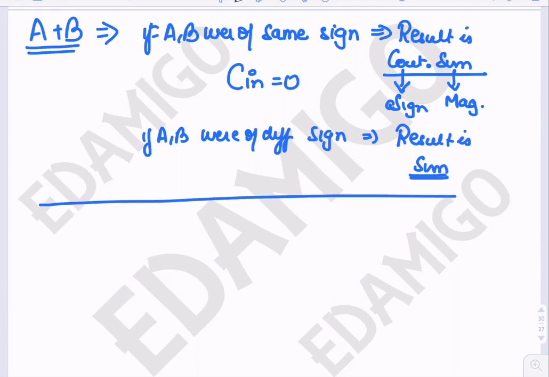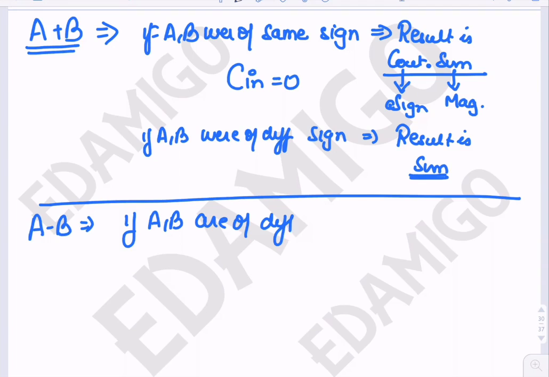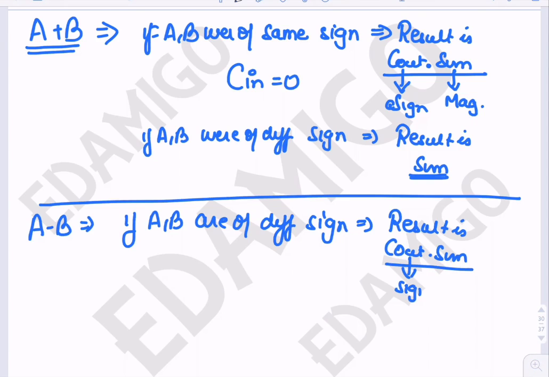Exactly similar but opposite result will be in the subtraction. So when we are performing A minus B, if A and B are of different sign, then the result is Cout put with sum, where Cout is the sign and sum is the magnitude. Sum will give us the magnitude.